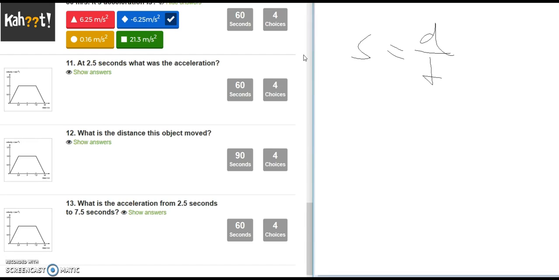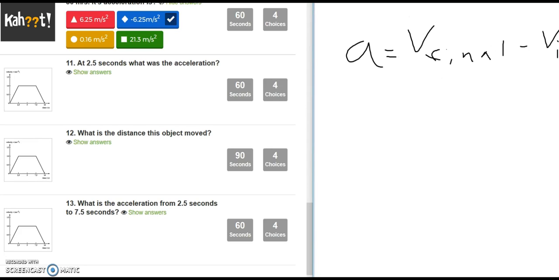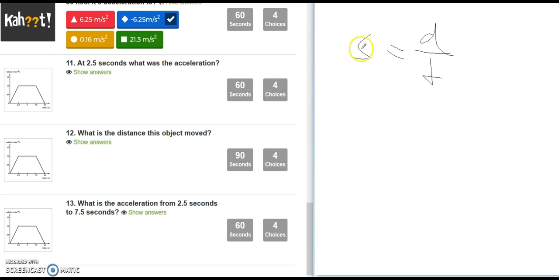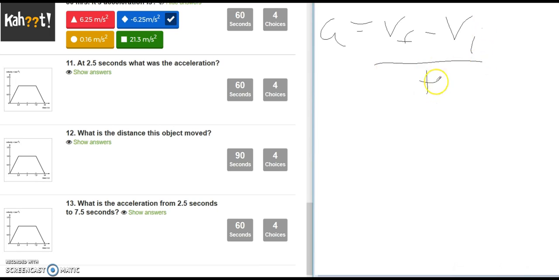So what I need is my acceleration formula. Let me just rewrite it here real quick. I'm going to move myself out of the way here. A is equal to V final minus V initial over time.